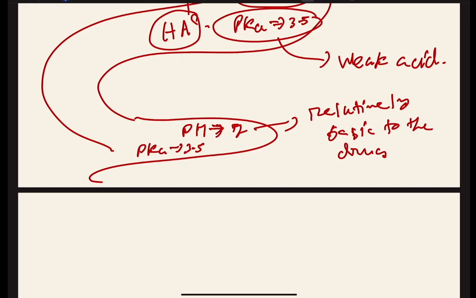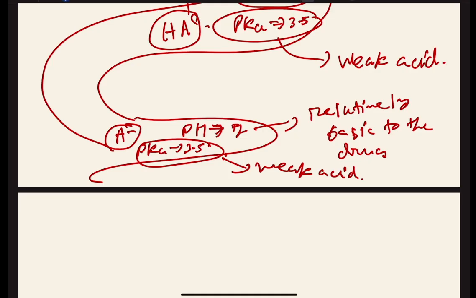And in this environment, if the drug is a weak acid, because the pH is higher, the weak acid will give up its H plus and turn into ionized form. And in this ionized form, it can't cross the biological membrane.